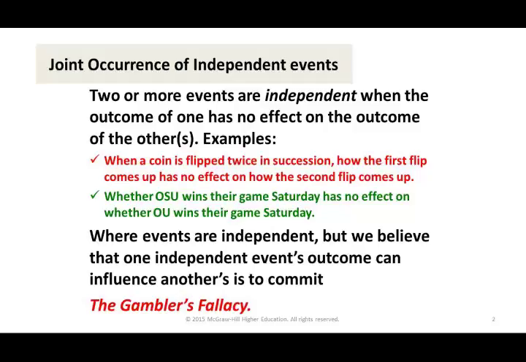They do not connect probabilistically to each other. So here's the definition. Two or more events are independent when the outcome of one has no effect on the outcome of the other. Now, what are examples of this?